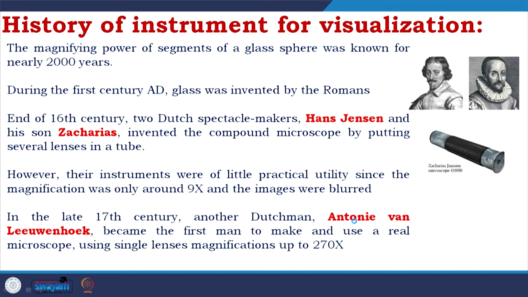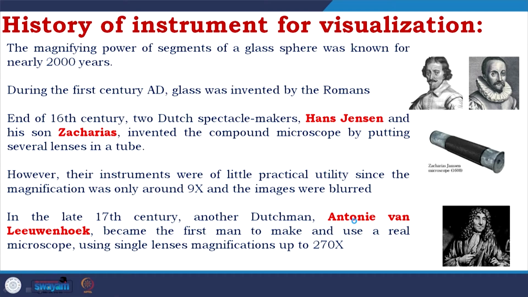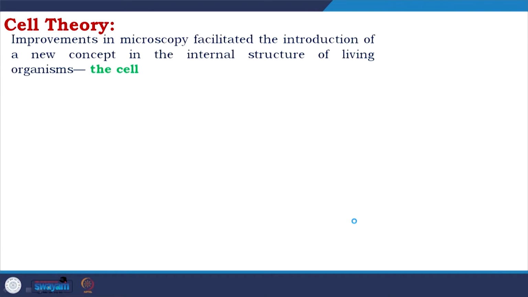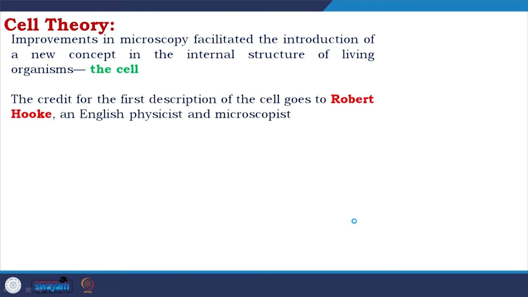The real breakthrough came in the 17th century when another Dutchman, Antony van Leeuwenhoek, became the first man to make use of a real microscope using single lenses with magnification up to 270x. This is Antony van Leeuwenhoek. Now, when it came to that stage, the improvement of microscopy facilitated the introduction of a new concept in the internal structure of living organisms, which is called the cell.